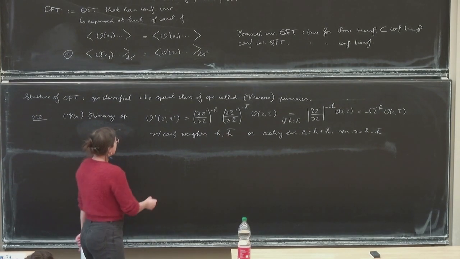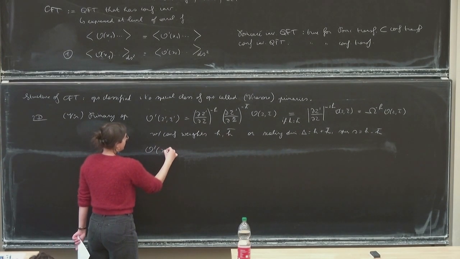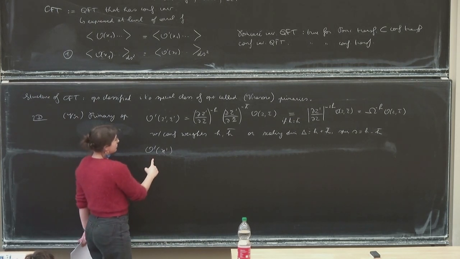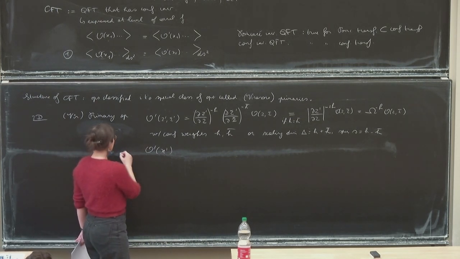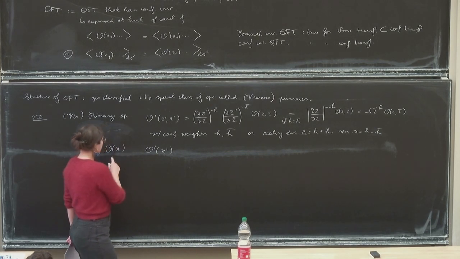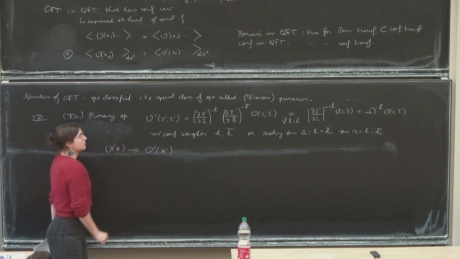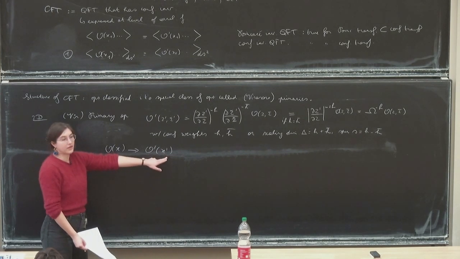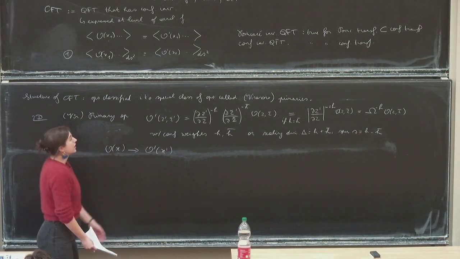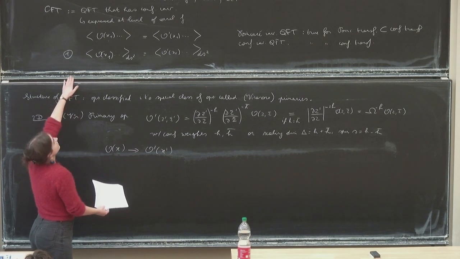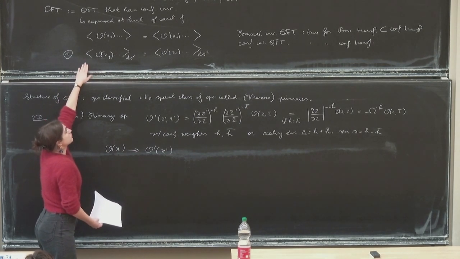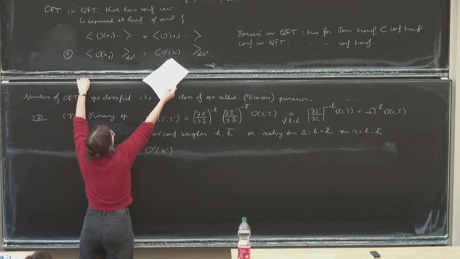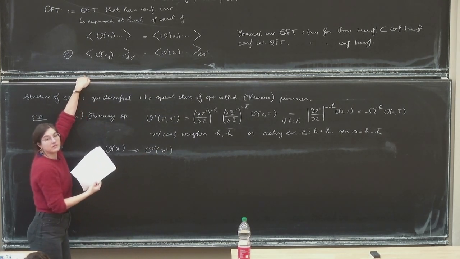So you'll notice that the definition of the primary operator I've given to you is in this form. So I've told you how a primary operator is an operator O of x that transforms under conformal transformations as such to some O prime of x prime. Okay, you'll see that in the statement of conformal invariance of correlators, what I have here is not O prime of x prime, but O prime of x.